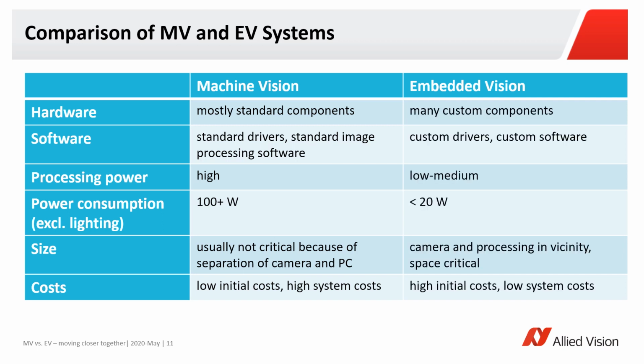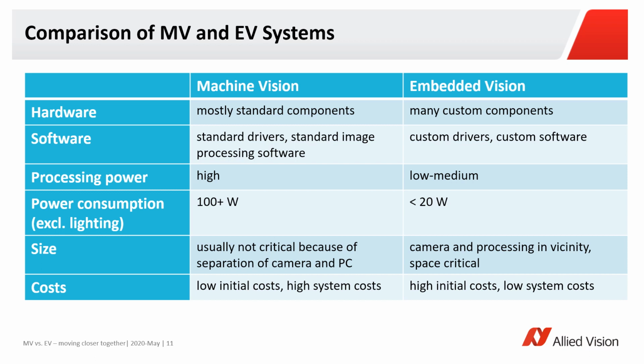On the other side, an embedded vision system. The hardware often uses many custom components. So maybe a standard embedded module is used, but then oftentimes a custom carrier board is used. Also on the software side, there is much more customization. So it's often based on custom drivers and custom software.